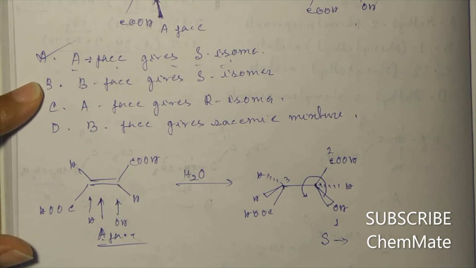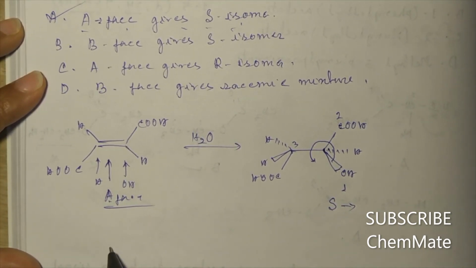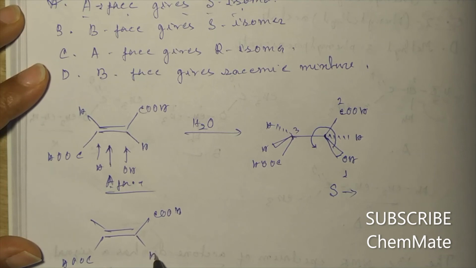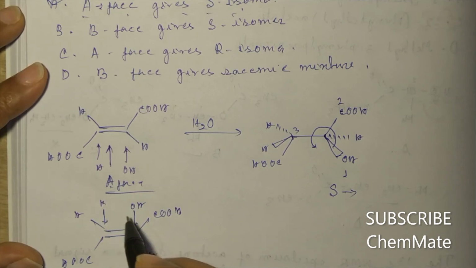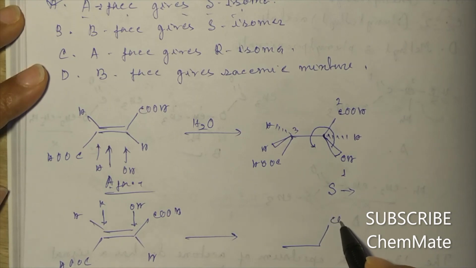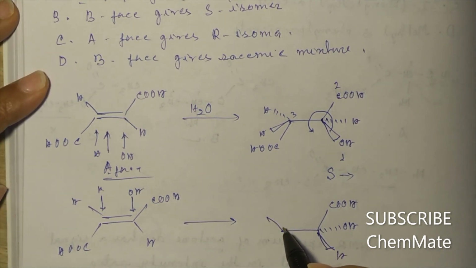Now let's see if attack from B face occurs, then what will be the product? Attack from B face means here hydrogen will add from below the plane. So COOH will be below the plane, hydrogen will be above the plane, and here this hydrogen will be below the plane.